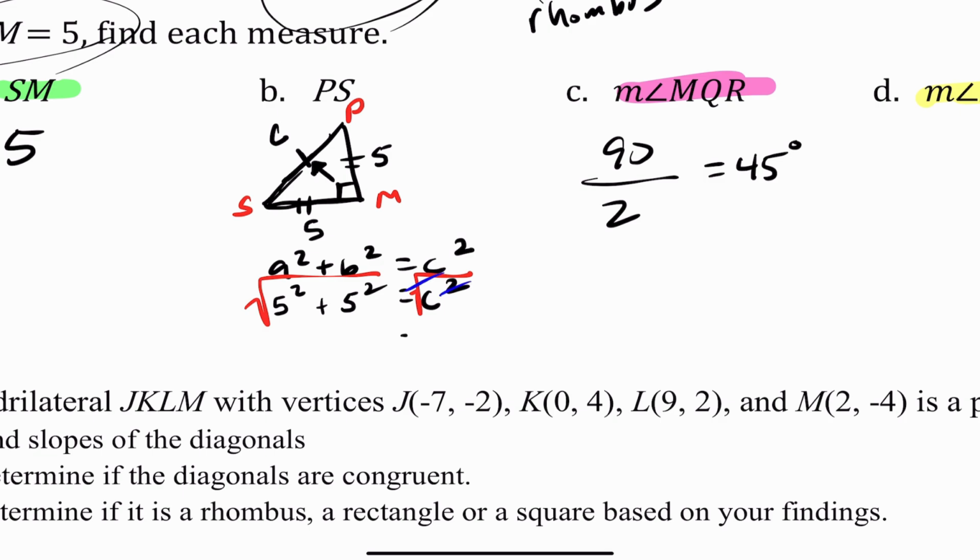So you have C on the right-hand side, and then we have the square root of 5 squared plus 5 squared. And if we look, 5 squared is 25, plus 5 squared, which is also 25. So what you're dealing with here is the square root of 50.